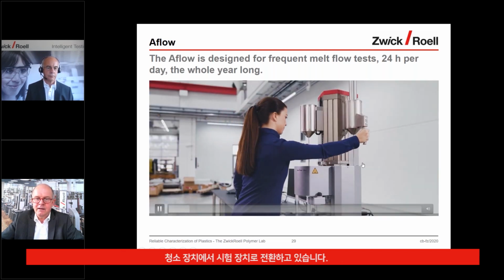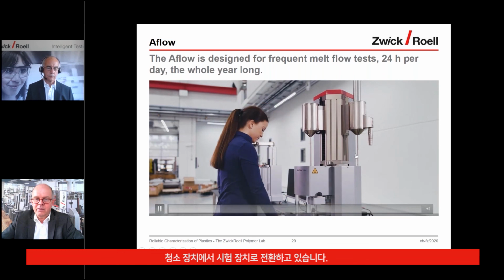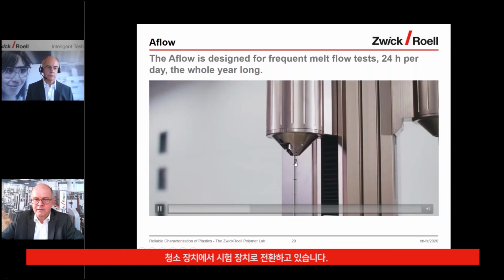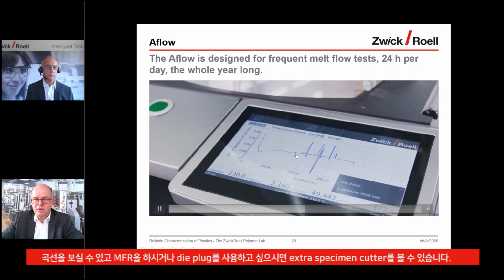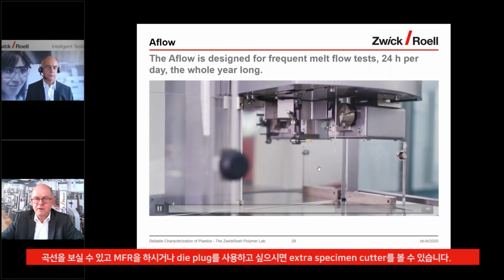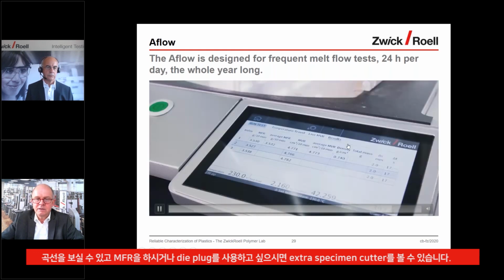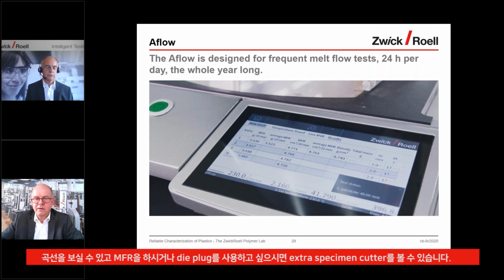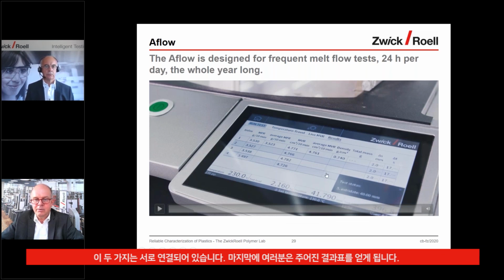So you see the handling, the lady turns it from the cleaning position to the testing position. We see the curve here. We see the extrudate cutter if you want to do MFR, or use the die plug. These two are connected to each other and you have a complete ready-made result table.